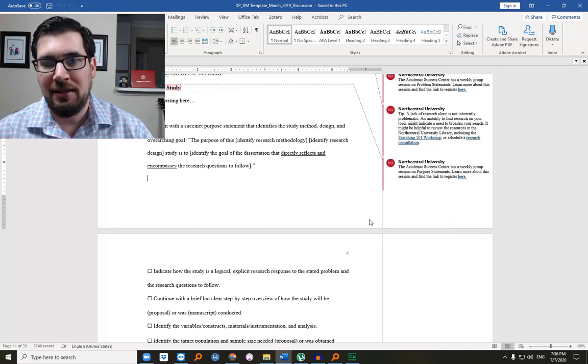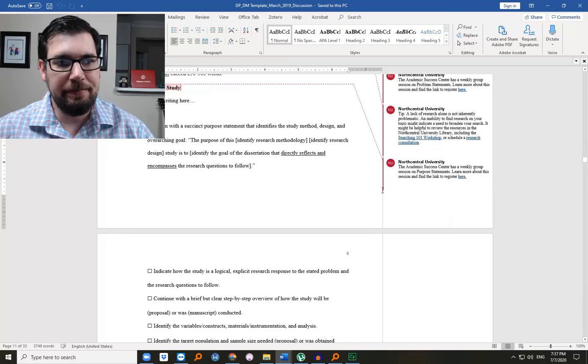That fire is the problem. Whereas what you are going to do about it is the purpose, the intervention, the putting the fire out, the exploration, the determination, identifying factors, understanding something. All of that is the purpose.